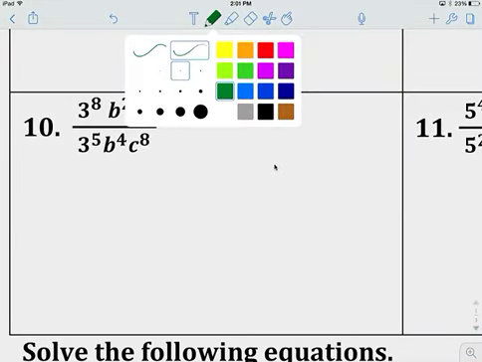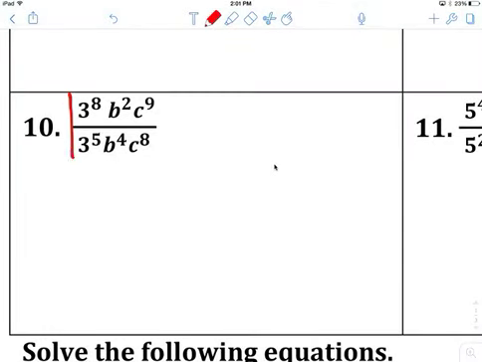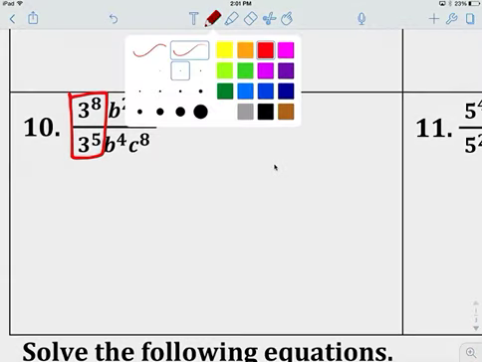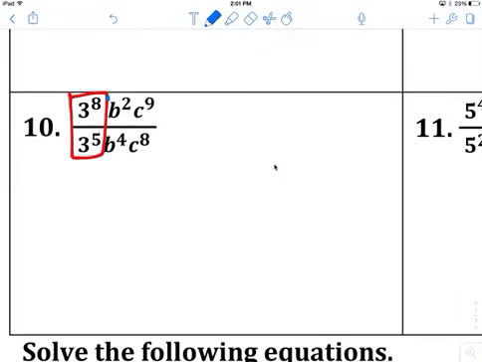There are 3 problems here. Problem 1, problem 2, and problem 3. Okay, problem number 1 is 3 to the 8 minus 5, 3 to the 5th.